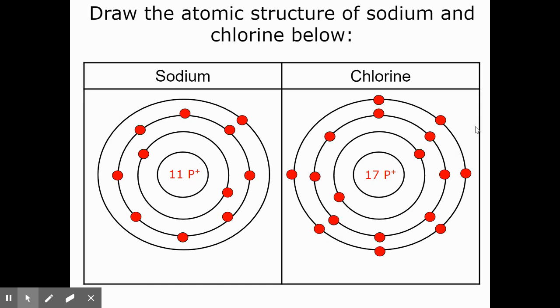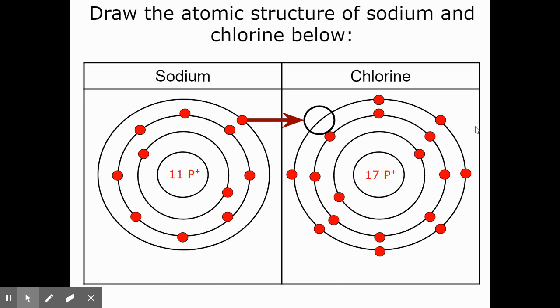It is very easy for the sodium to kick off one of its electrons, and fill the space in the outer shell of the chlorine. But when it does that, neither one of them are neutral atoms anymore. Okay?